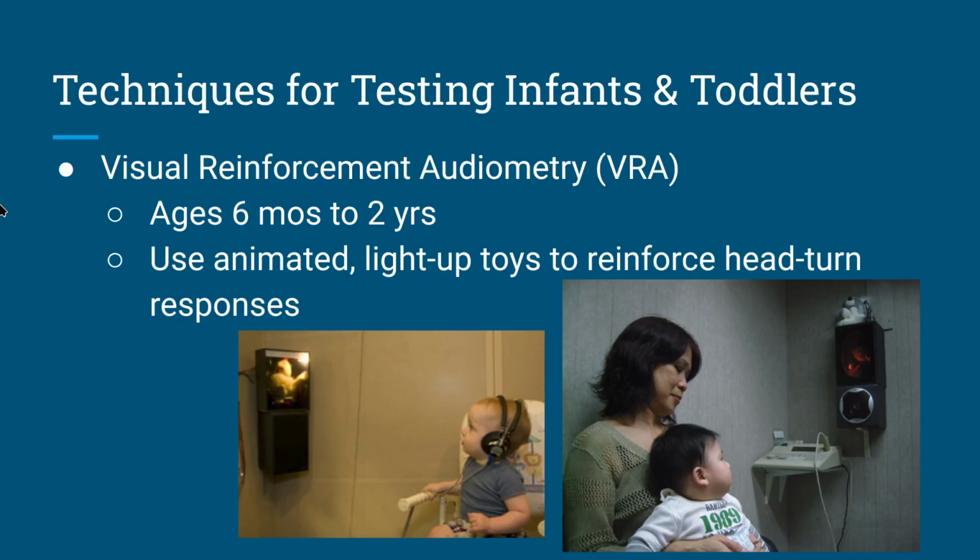Visual reinforcers are placed at 45 degrees to 90 degrees. Unilateral head turns in one direction is all that is required for a response, regardless of the ear being presented to. For children older than 12 months, it's possible to test for localization, but that's kind of a different test.